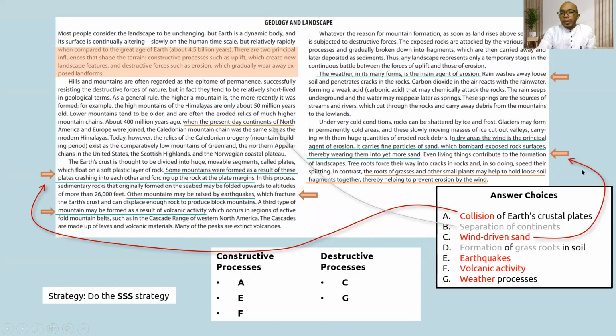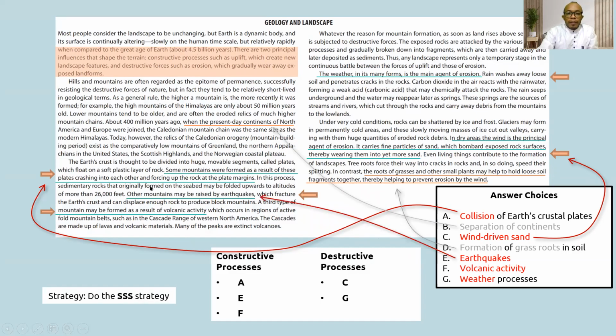Now, the wind-driven sand located in this part is described as a destructive process because you can see the word bombard. All right, bombard means to destroy something, and that is something destructive, of course. And then the formation of grass roots in soil. So here, it doesn't fit the description of either of the processes.